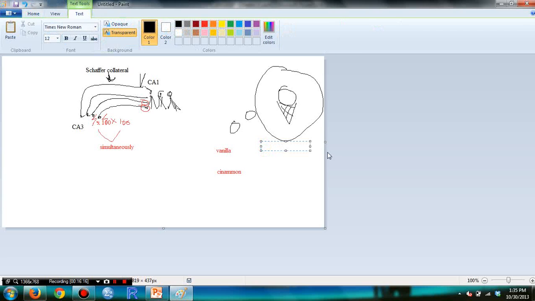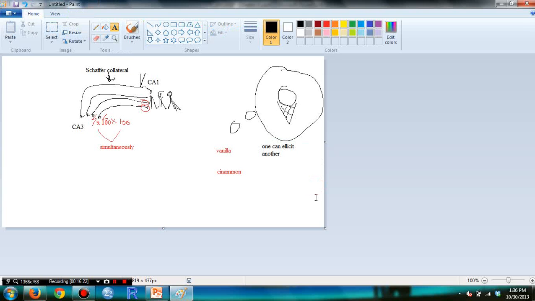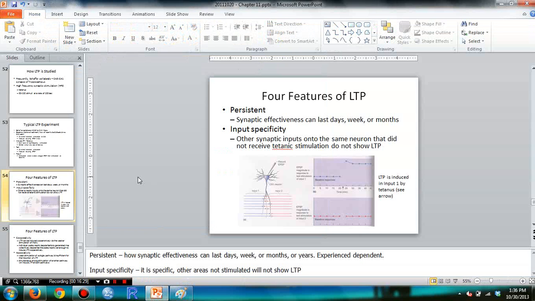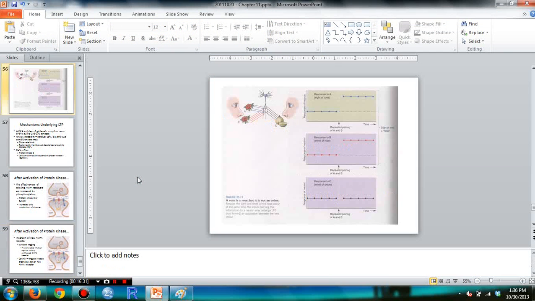So two ideas that have been presented over and over again in the stimulus can actually elicit this. So here's the book example, if you don't like my example. The idea of a rose: what can trigger that memory? A rose is always paired with a particular smell and a particular sight, right?